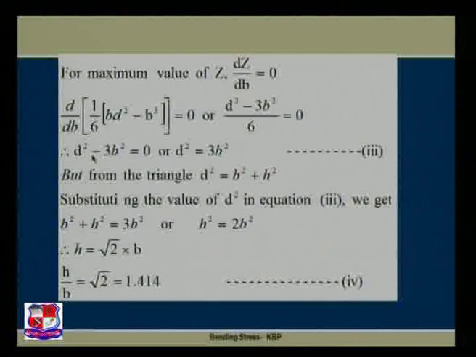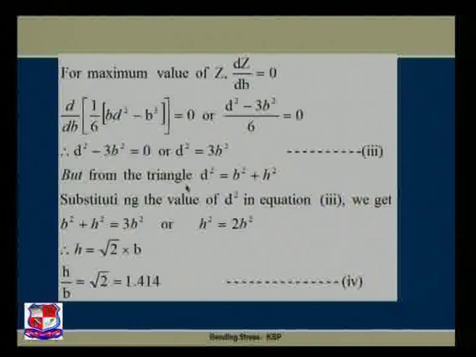So d by dB of the value of Z is equated to 0, where d is constant. So d square times d by dB of B is one, minus 3B square by 6 is equal to 0, and we get a relation between d and B: d square is equal to 3B square, the third equation.